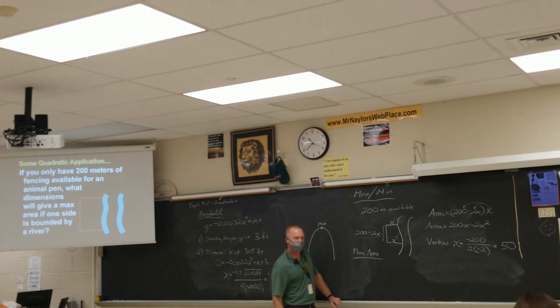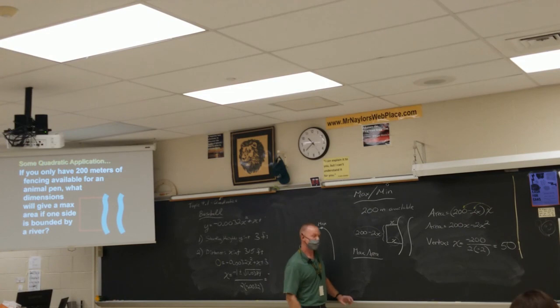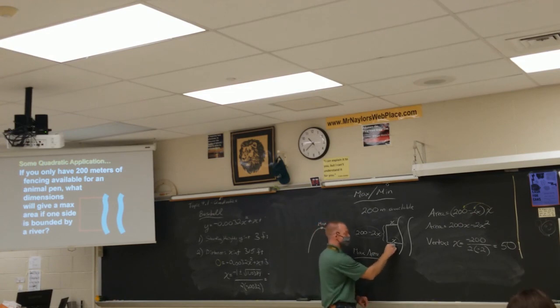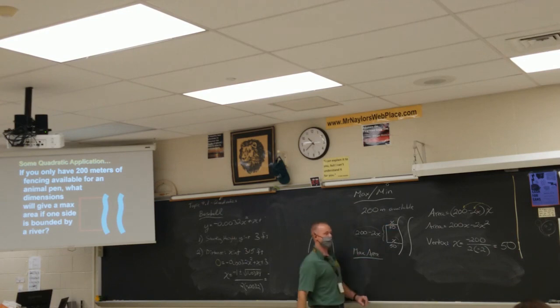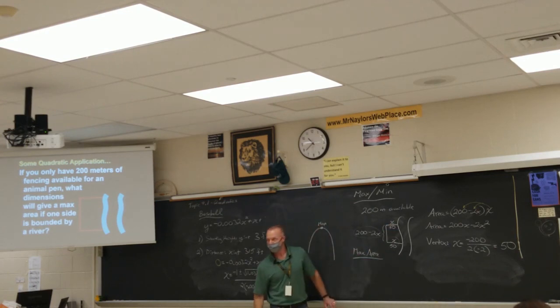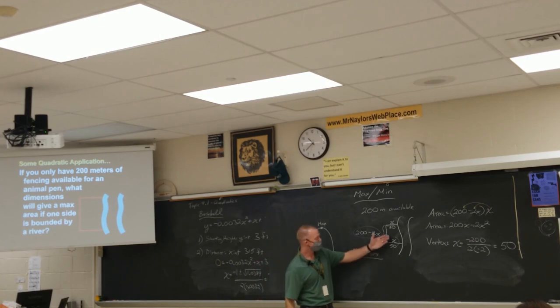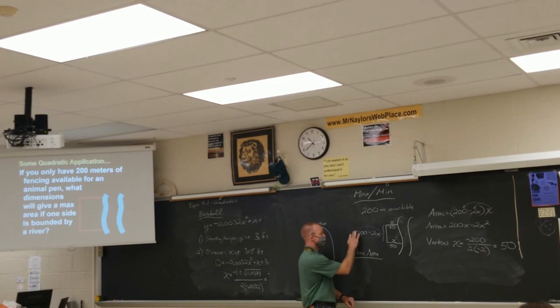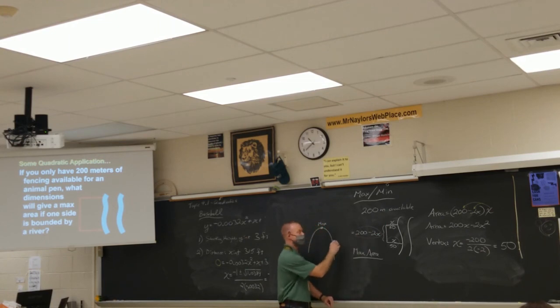Now this is the point in the problem where you want to realize just what 50 represents. And it literally represents, as it says, x. So it represents these two dimensions. And a student that's a little more visual would say, geez, if these two dimensions are 50, then this dimension over here has got to be what's left. Okay, so it's got to be 100.